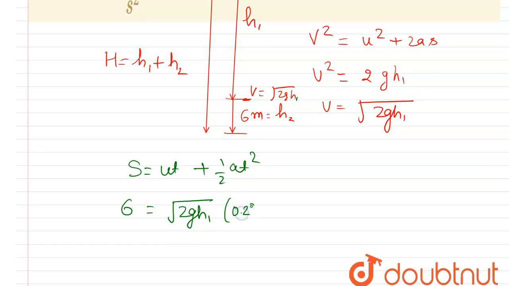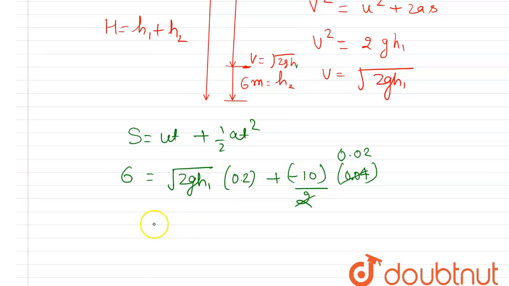So this is 0.2, and this is the ut. Now g is 10 by 2, and 0.2 square is 0.04. So this will get cancelled out by this.